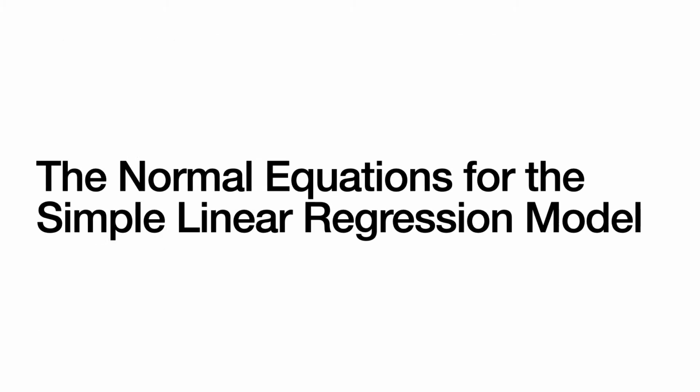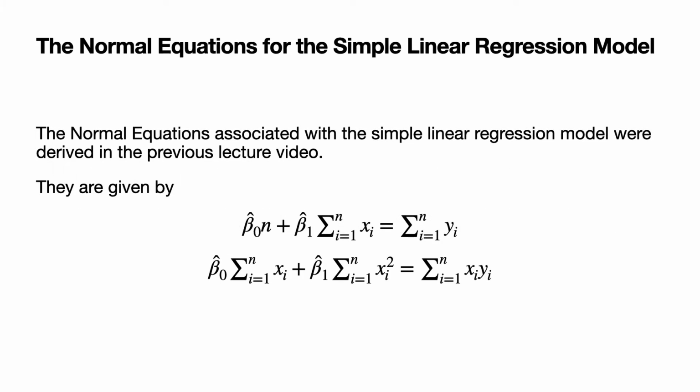So let's first review the normal equations associated with the simple linear regression model. The normal equations associated with the simple linear regression model were derived in the previous lecture video and are given by the two equations shown here.